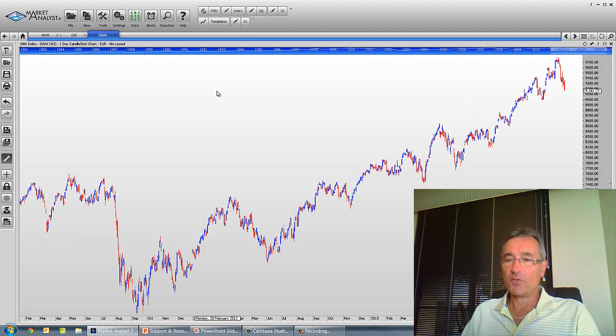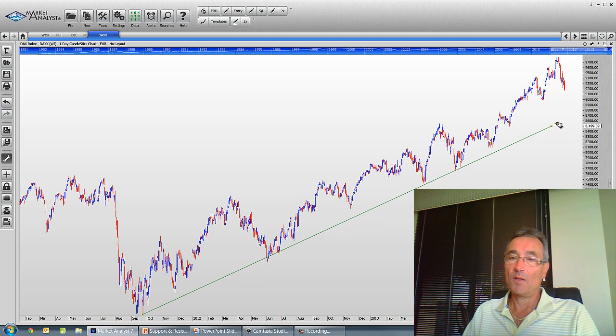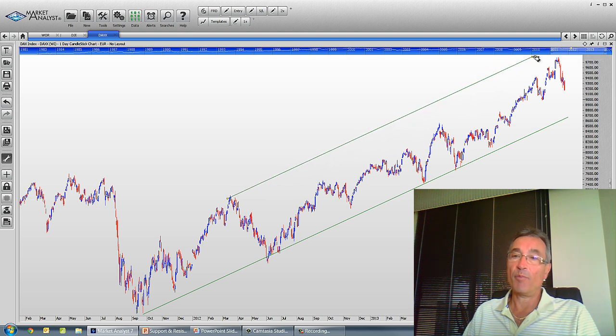Now, one final one to finish off on, and that's the German DAX index, and we can construct an inclined trend channel on this one as well. So picking up all of those lows through there, there are quite a number of them, and we can also construct a line through the peaks as well, parallel to that first line, so that gives us a nice trend channel through there.